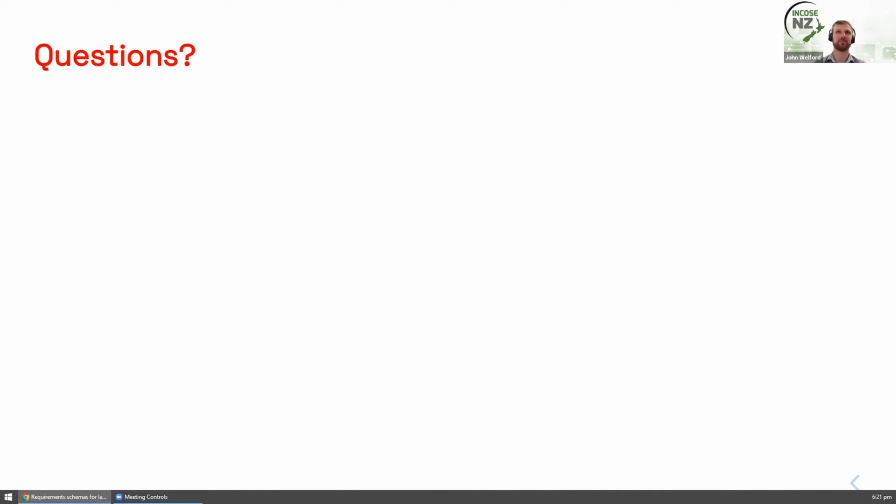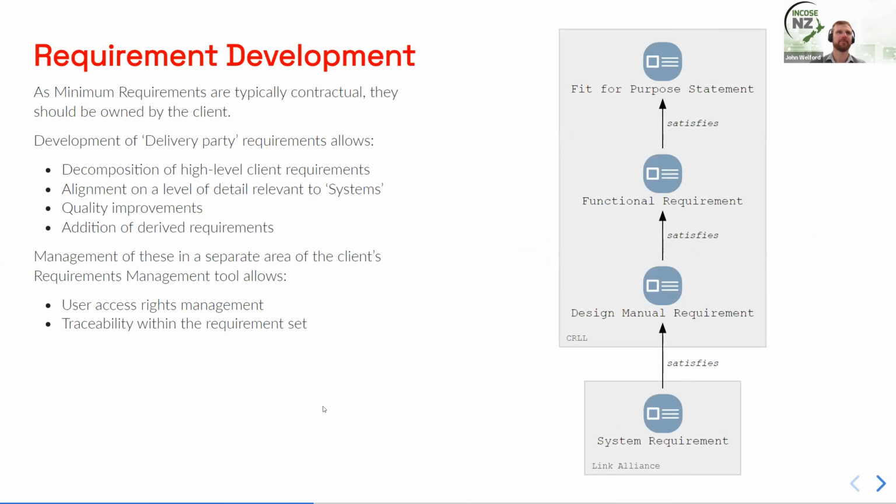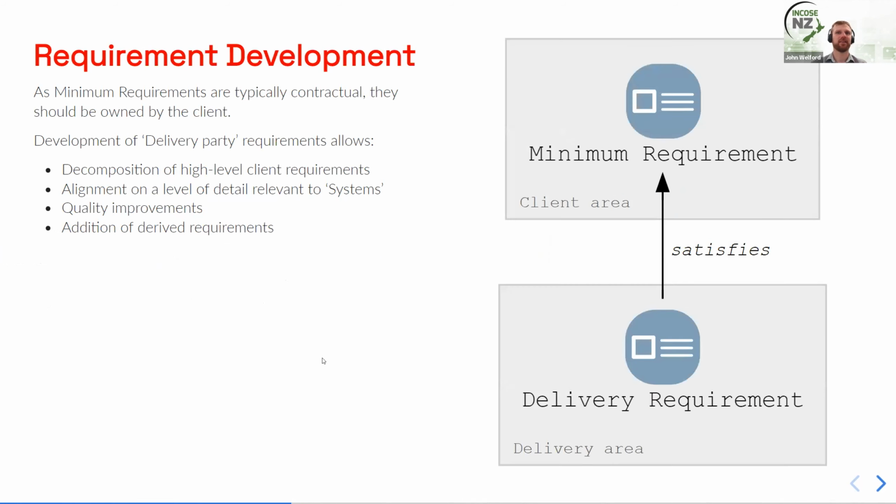No, I think that's reasonable in some cases and not in others. Changes to requirements, we would typically expect, if I jump backwards to my first slide about requirements structure. So we have our client requirements and our delivery requirements.